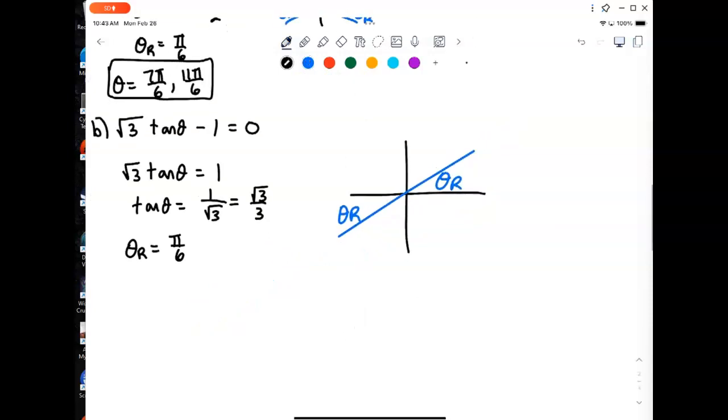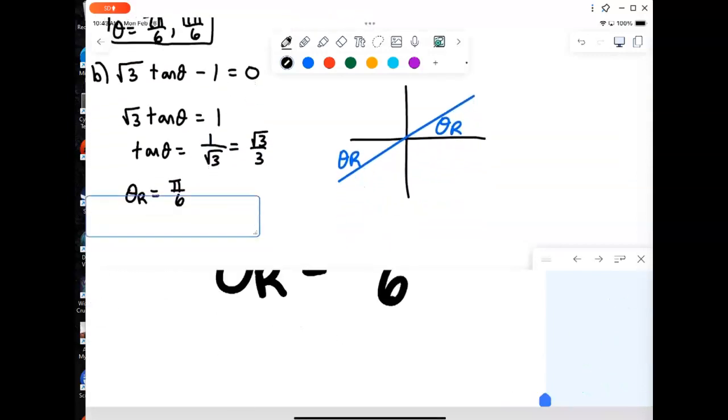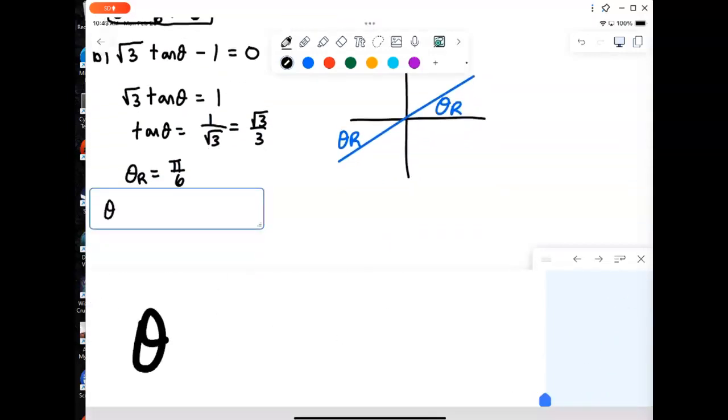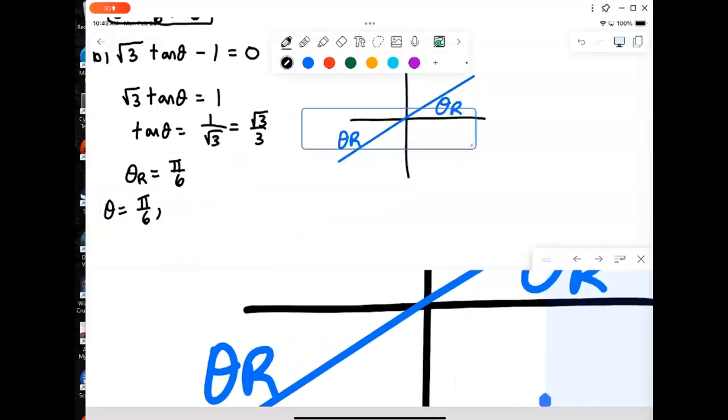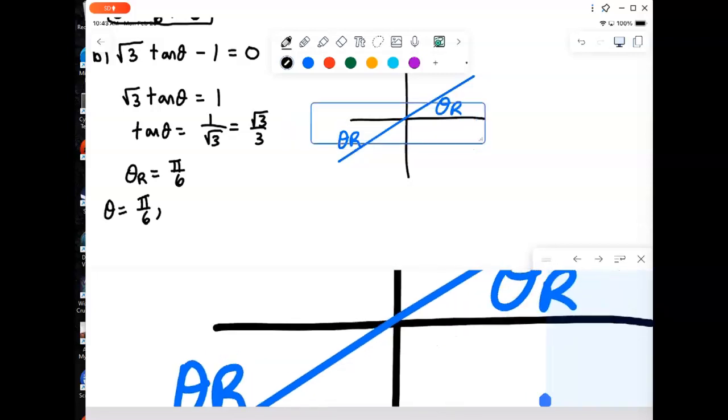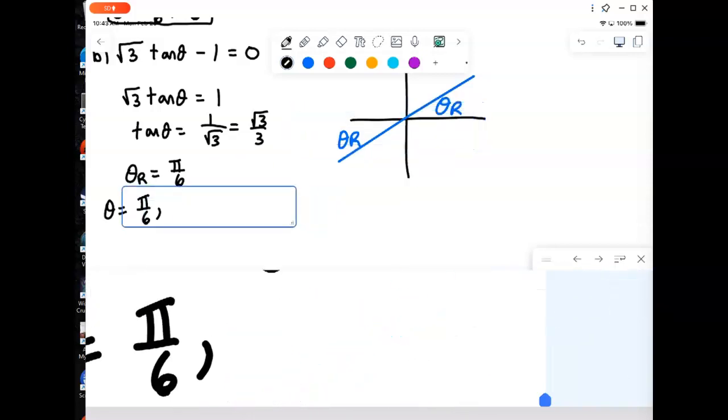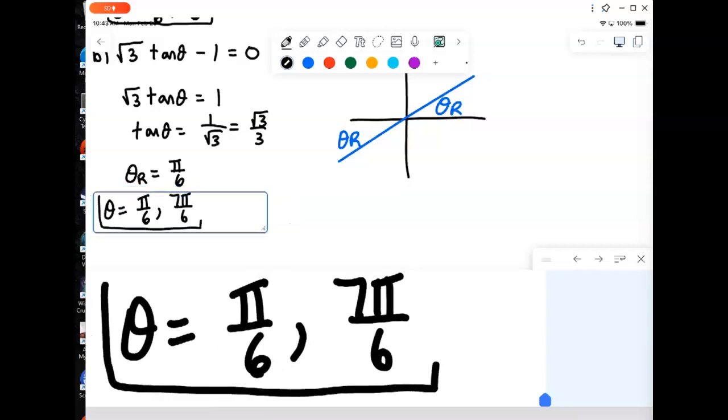The first quadrant is easy, it's just that answer, pi over 6. Then in the third quadrant, we're that much past pi, so it'd be pi plus pi over 6, which is 1 1/6, or as an improper fraction, 7 pi over 6.